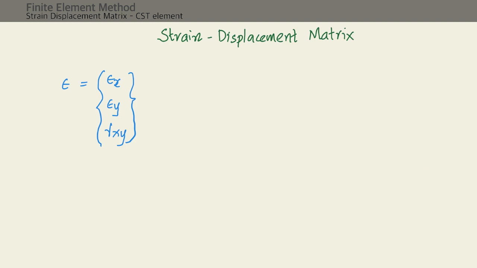For a 2D problem, we know that the strain components are epsilon x, epsilon y and gamma xy for both plane stress and plane strain problems. And the displacement components are u, which is equal to u and v.